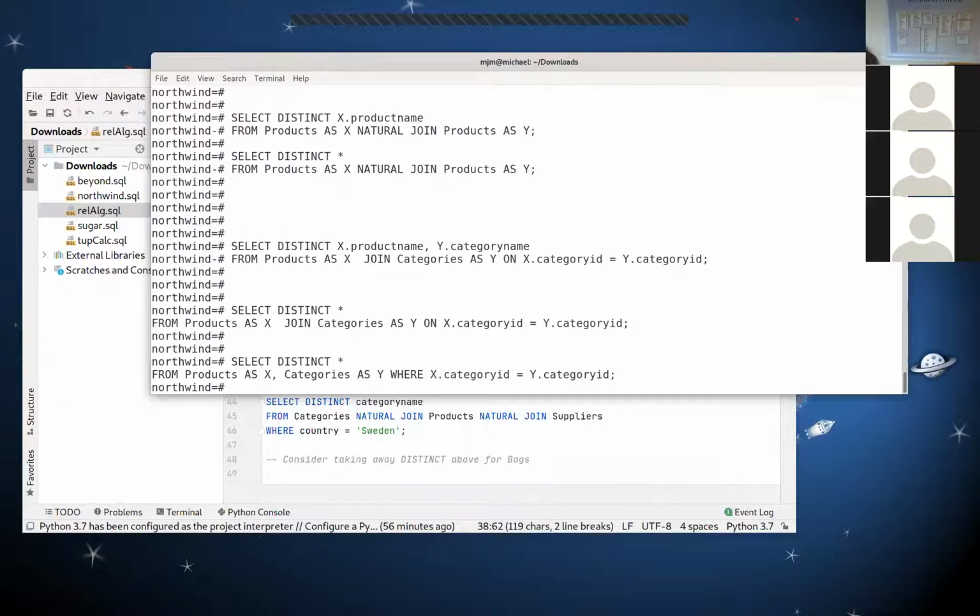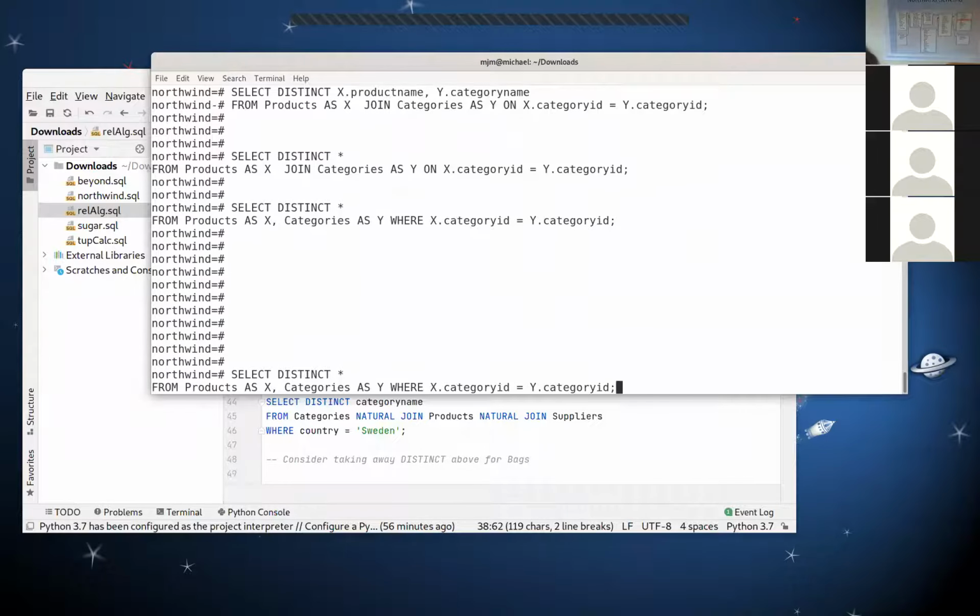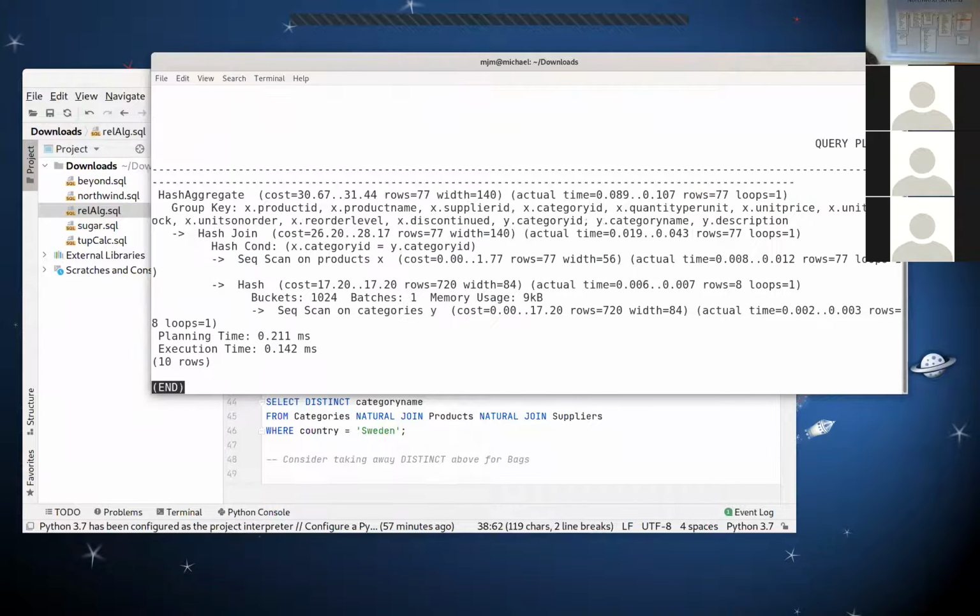Here I'm kind of getting ahead of myself, but since you guys are probably yawning, saying, God, this is so basic, what is he doing? All right, explain analyze. The execution time on that is pretty fast, 0.142.